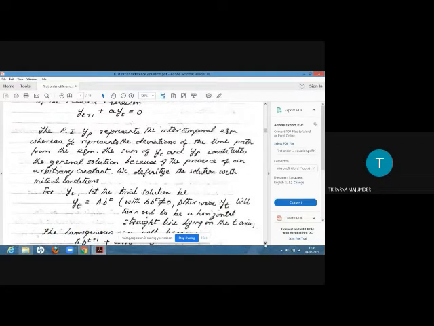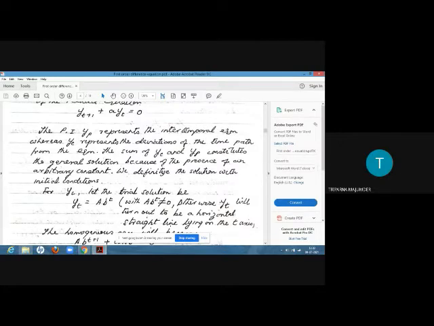For the complementary function y_c, let the trial solution be y_t = A b^t, with A b^t not equal to 0. If it is equal to 0, y_t will turn out to be a horizontal straight line lying on the t-axis.